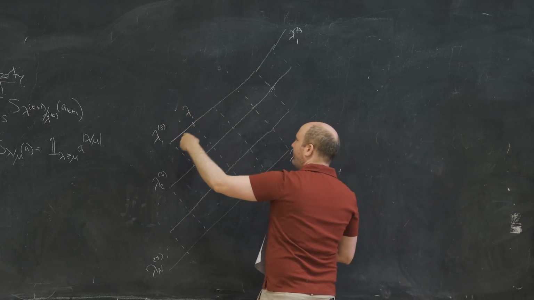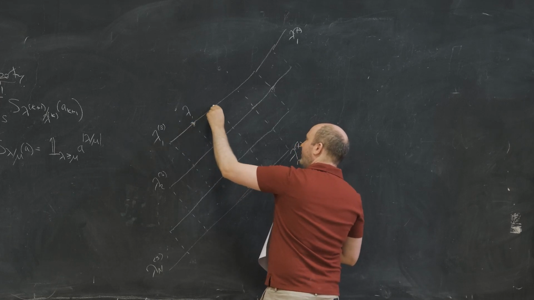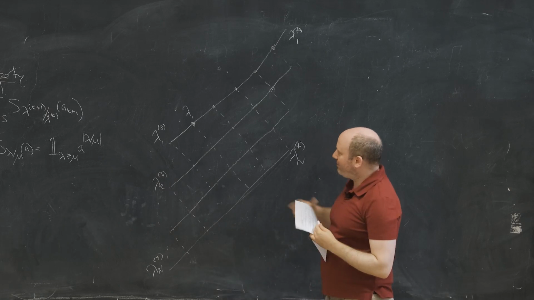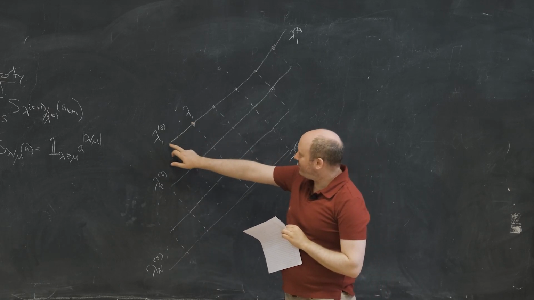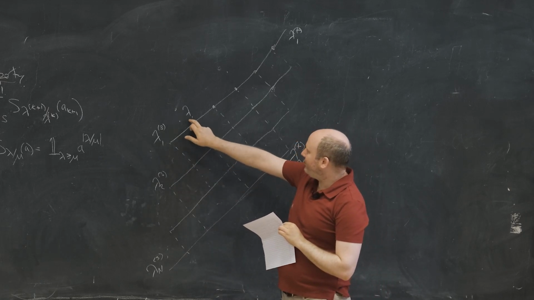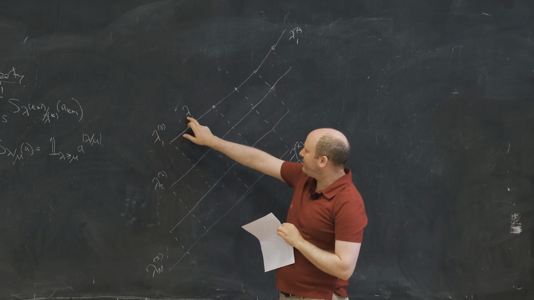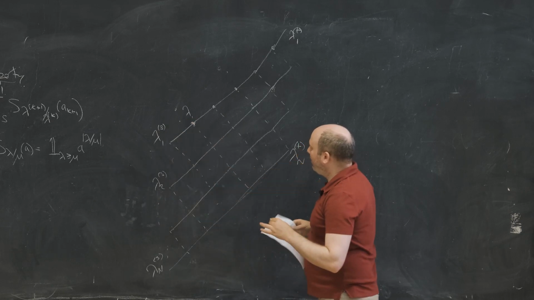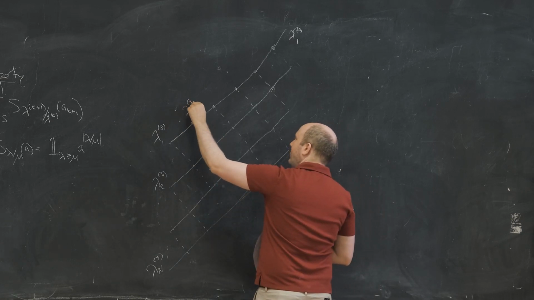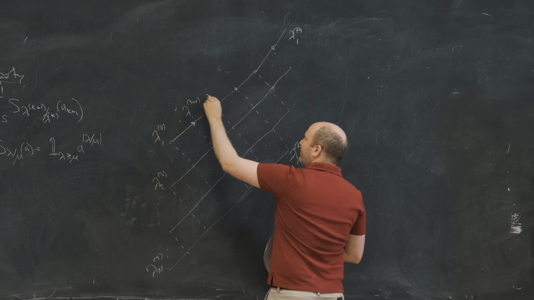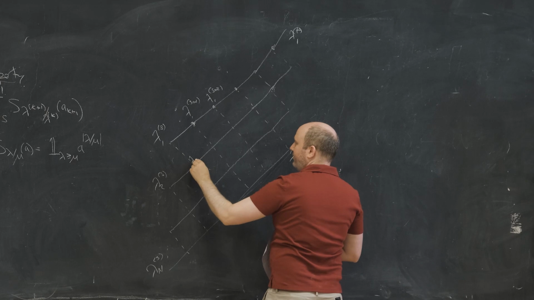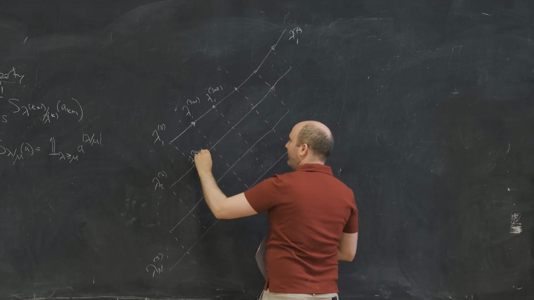So the vertices here are labeled by the value of the partition. So I think of this as a graph, and I'm putting a configuration on it. I'm just putting a collection of non-negative integers along this. So this would be lambda 1 s+1, lambda 1 s+2. This would be lambda 2 s+1, so on and so forth.